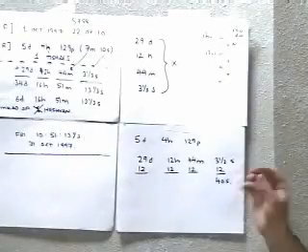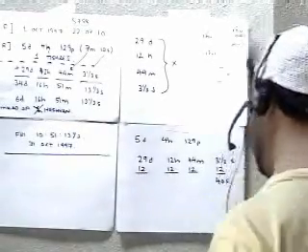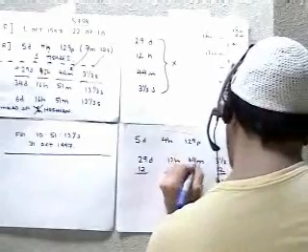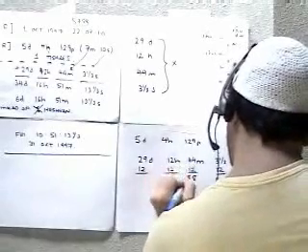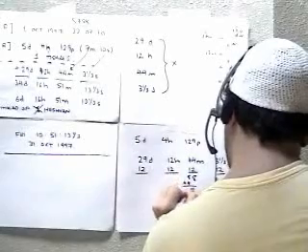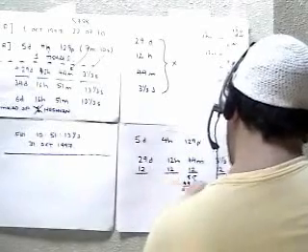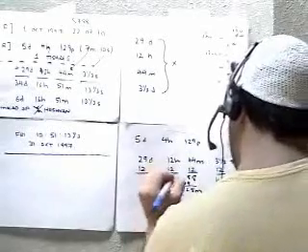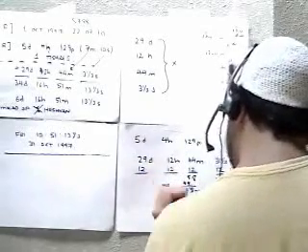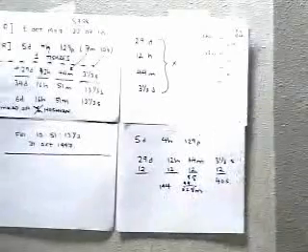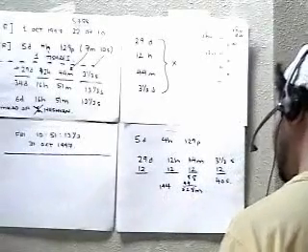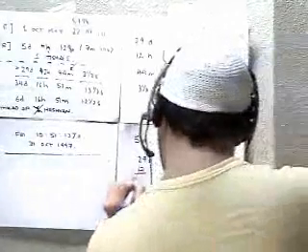Okay? 44 times 12 is going to work out to, let's see, 440 plus another 88, it's going to be 528. 12 times 12 is 144, and 29 times 12 is going to be 290 plus 58, which means it's going to be 348. Right?